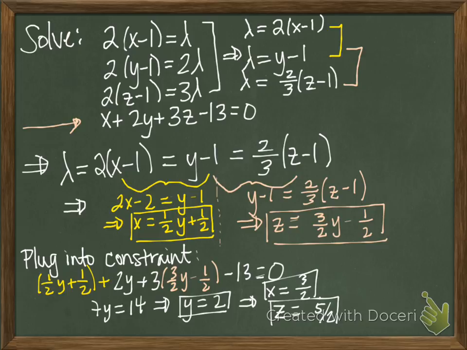And we can conclude that this point will give us the minimum distance between the point 1, 1, 1 and the plane, because we know a minimum must exist between the point 1, 1, 1 and the plane.